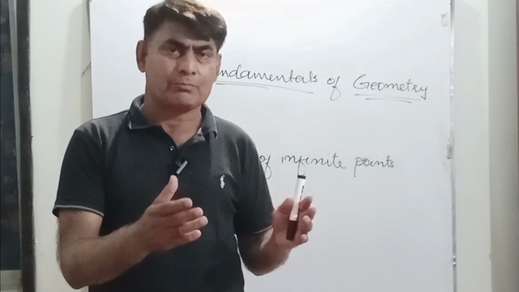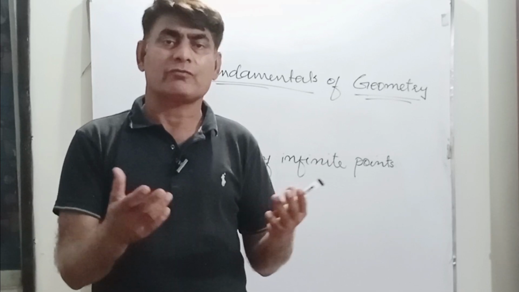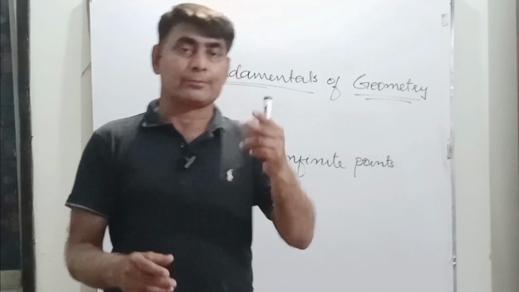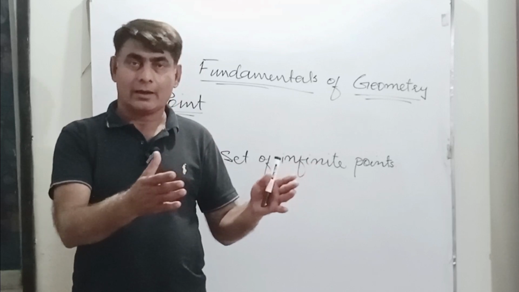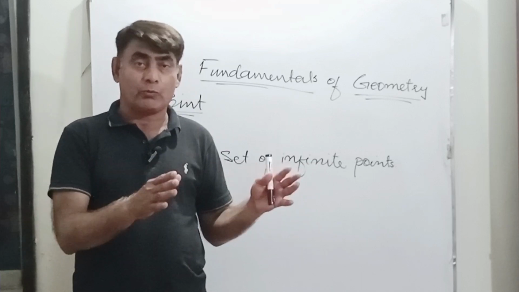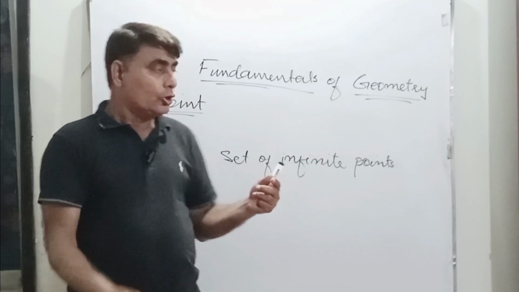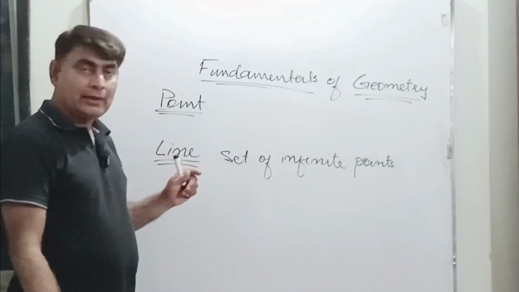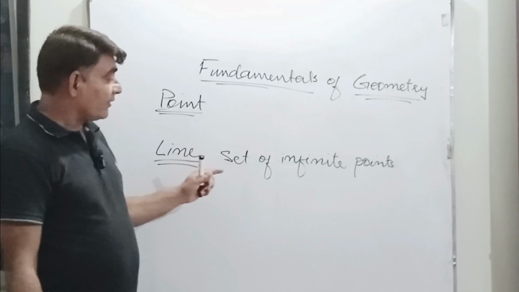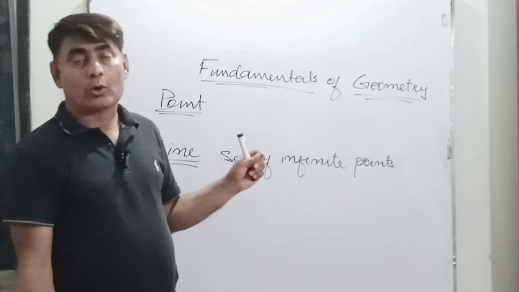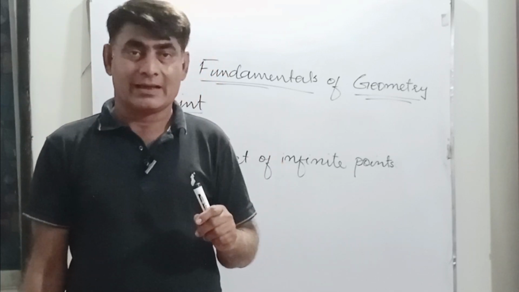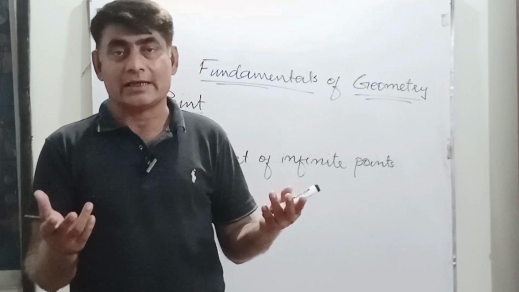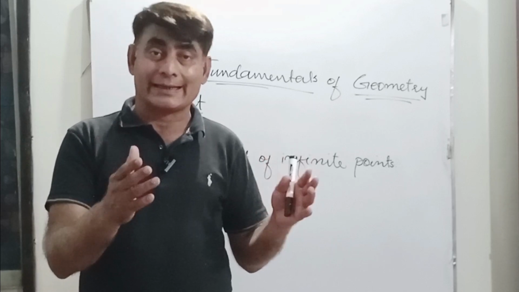So if we consider the same plane and then consider a set of infinite points, this will form a line, and there are two types of lines. Number one is the straight line, number two is the curved line. A set of infinite points forms a line, and if all the points on the line have the same inclination, it must be a straight line. With different inclination, it will be a curved line.